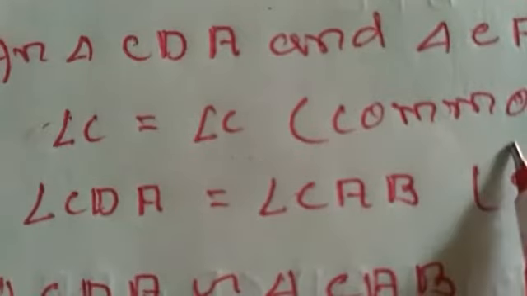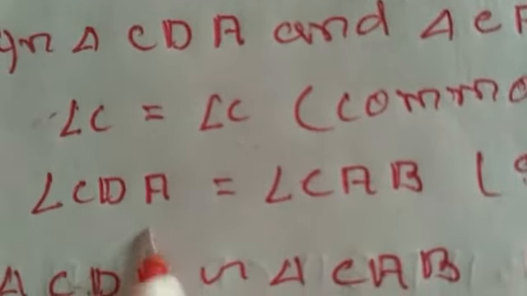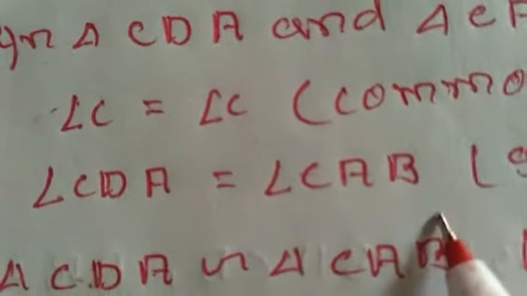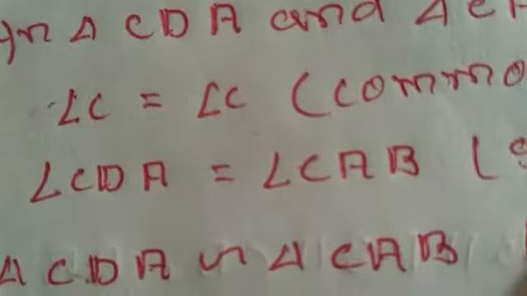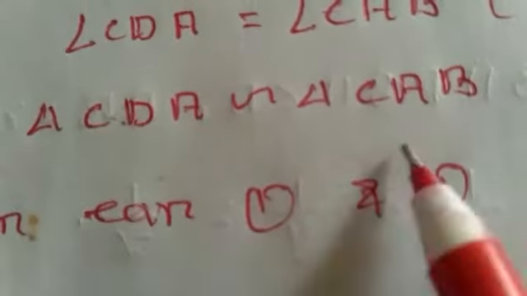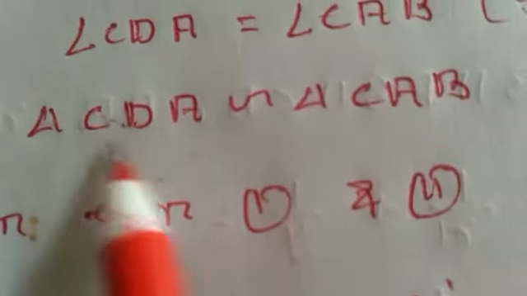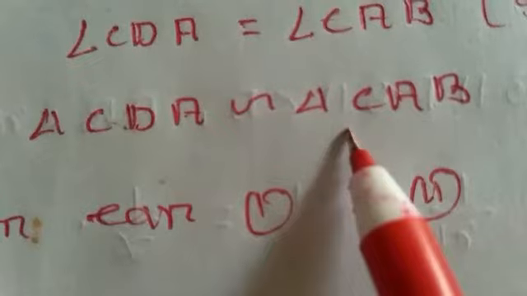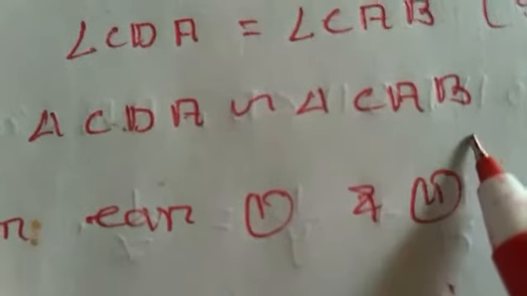Angle C equals angle C, which is common, and angle CDA equals angle CAB, which is 90 degrees. So again, by the angle-angle similarity property, triangle CDA is similar to triangle CAB. Let's call this equation 2.